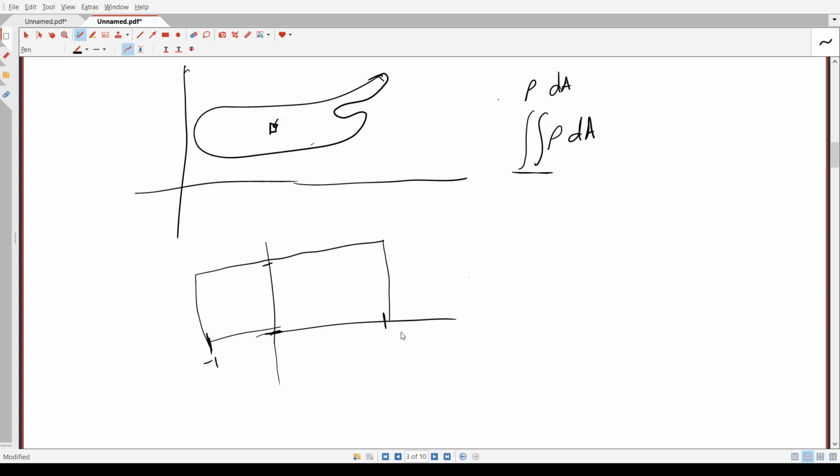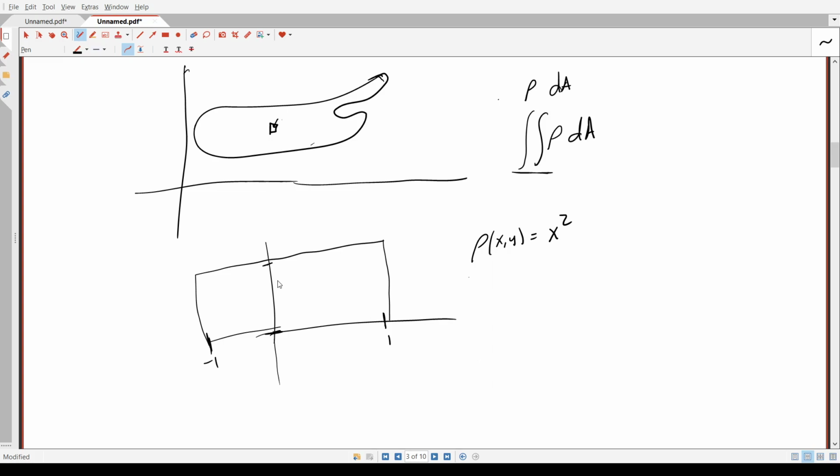And I'm told that the density, the mass per unit area, depends on the square of the position.